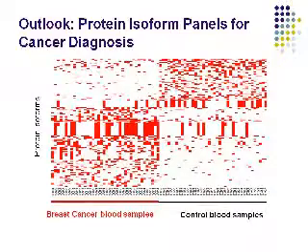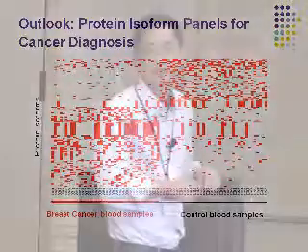Another case study is that we ran it on a breast cancer case. We took blood samples of breast cancer patients and normal individuals. We clustered on about 27 protein isoforms discovered from our platform. And when we do the clustering, you can see that the breast cancer blood samples are significantly enriched with certain types of protein isoform, while the controls are enriched in certain other types of protein isoform.